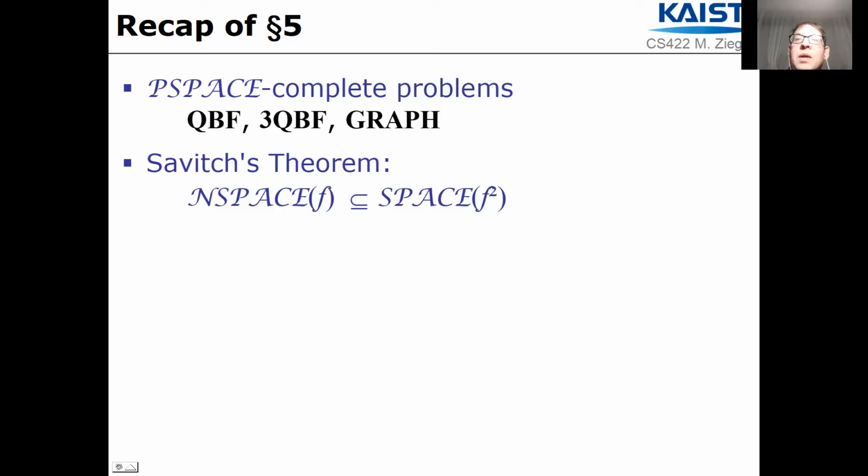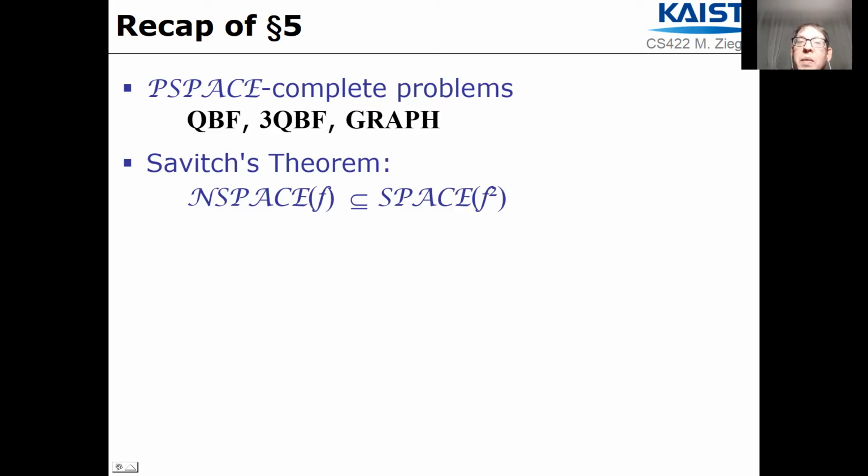And this fits well with a recursive algorithm approach. So we showed all these problems can be solved in polynomial space, and we showed them to be complete for polynomial space using reduction, a strengthening of the Cook-Levin reduction, now making use of all these quantifiers in QBF and making use of the 2 players in the graph decision problems. So this is kind of the P-space counterpart to NP completeness.